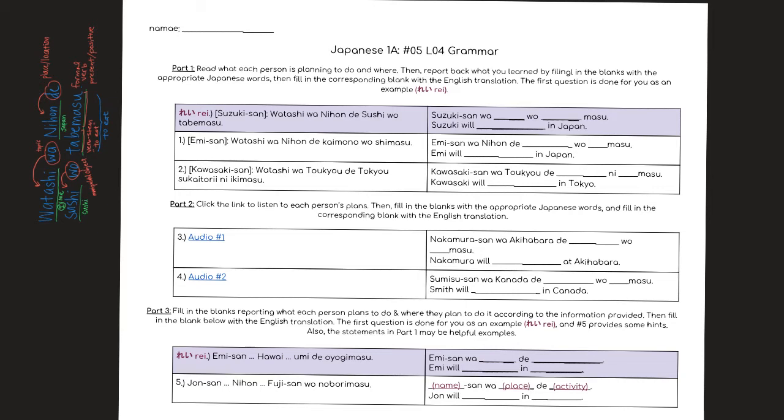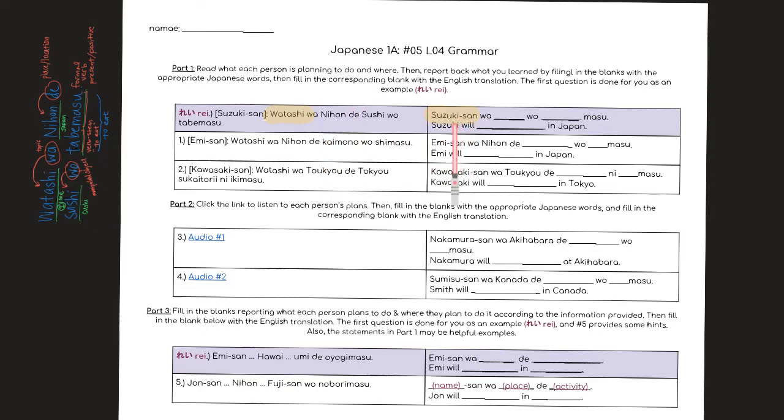We're simply going to replace, let's highlight this actually, watashi with Suzuki-san. So that's the topic of our sentence. When Suzuki-san is talking, he's going to use watashi because he's saying, I plan to do this.